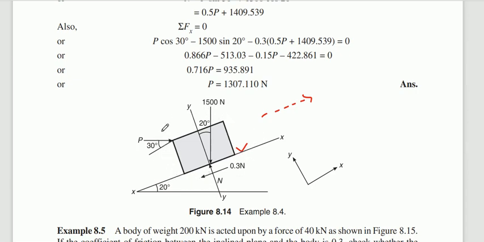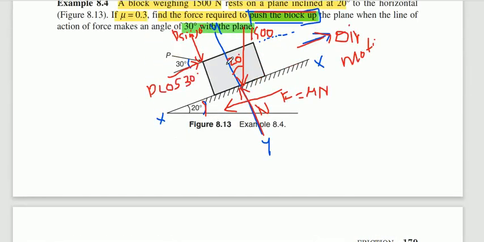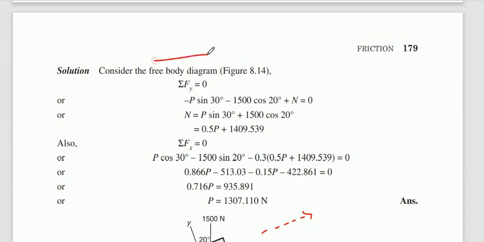Now you need to apply the equilibrium condition. Summation of Fx is equal to 0, summation of Fy is equal to 0 here. The same free body diagram I have shown here is written. Consider summation of Fy is equal to 0.